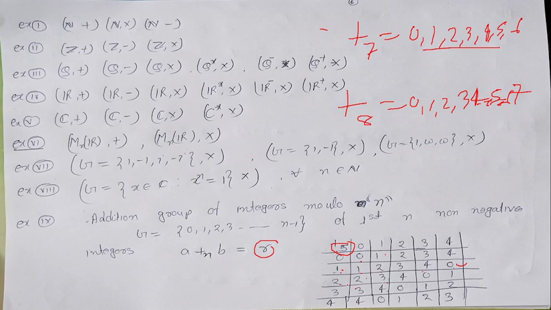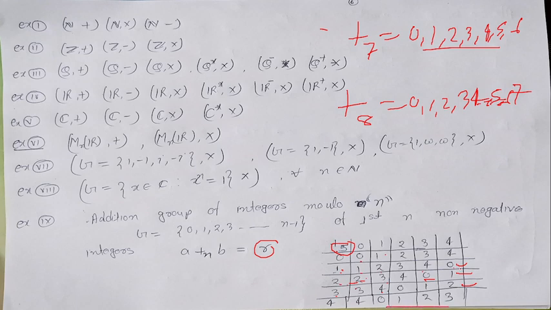2 plus 1 is 3, 2 plus 2 is 4, 2 plus 3 is 5, divided by 5, remainder 0. 2 plus 4 is 6, divided by 5, remainder 1, so it is written down here 1. 3 plus 1 is 4, 3 plus 2 is 5, remainder 0. 3 plus 3 is 6, remainder 1. 3 plus 4 is 7, remainder 2, so write it down here.